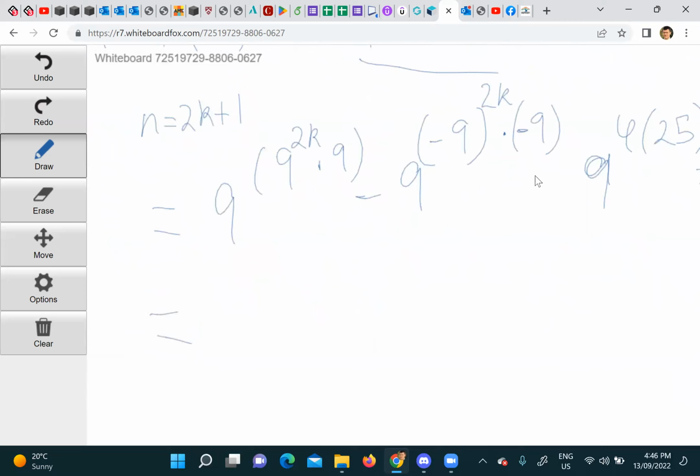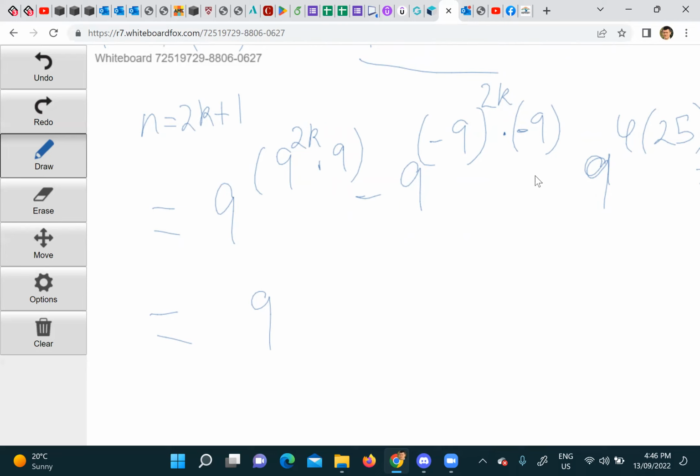Now this is a tricky bit, I guess. I think I know why no odd case works. Whenever you put 9 to an even power, it ends in a 1.